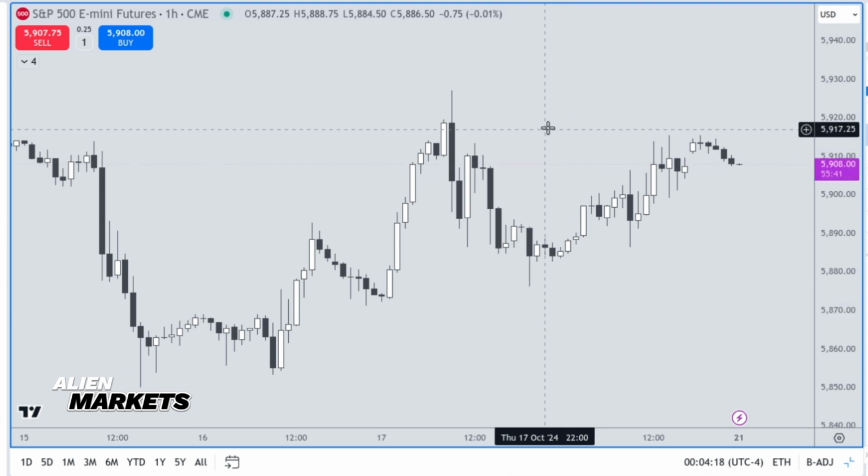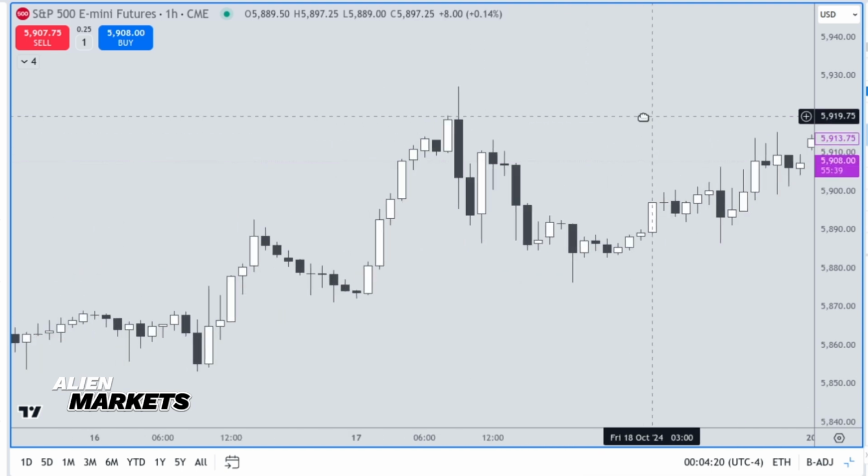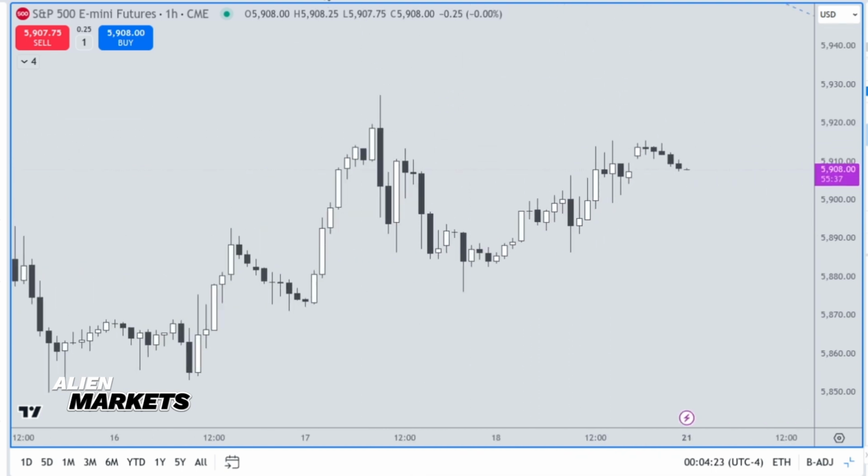So we are here on a 1 hour time frame, as my model is framed in this time frame in order to get very juicy moves, right? This trade I took last Thursday, I think.